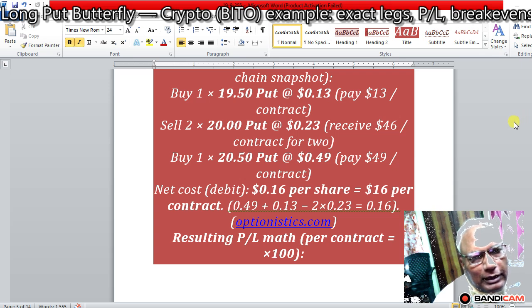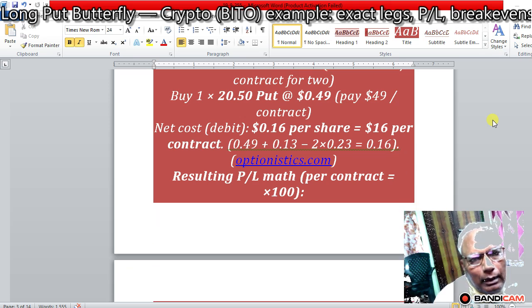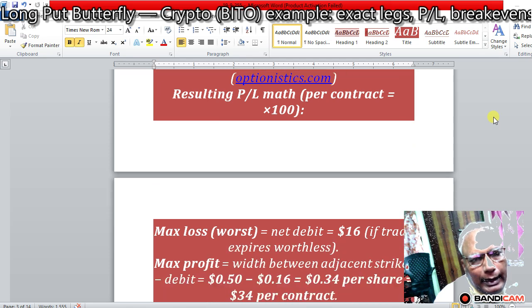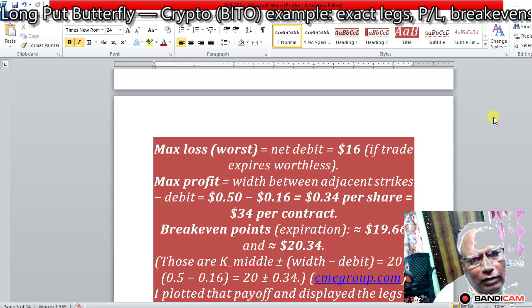Net cost debit equals $16 per contract. Maximum loss is the net debit, $16, if the trade expires worthless.